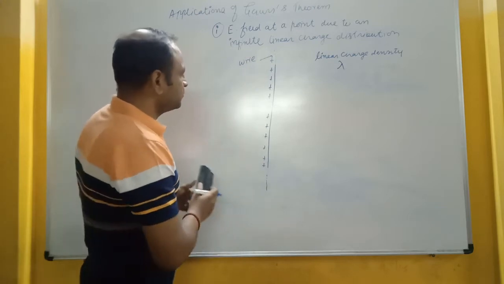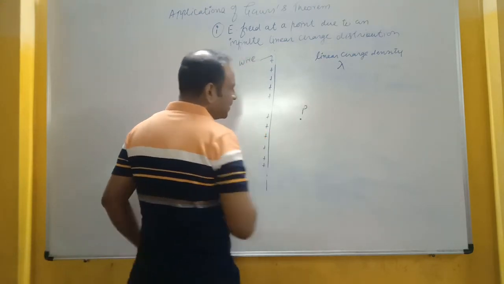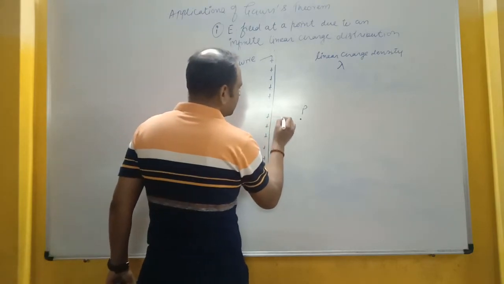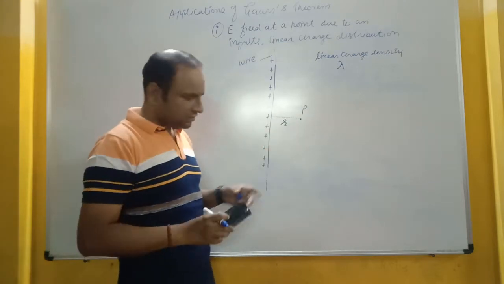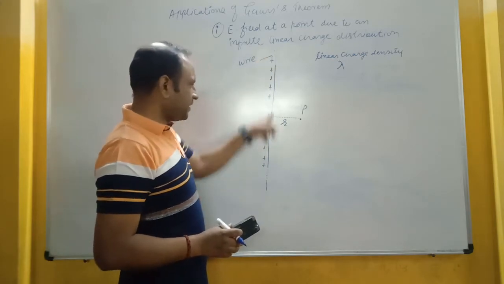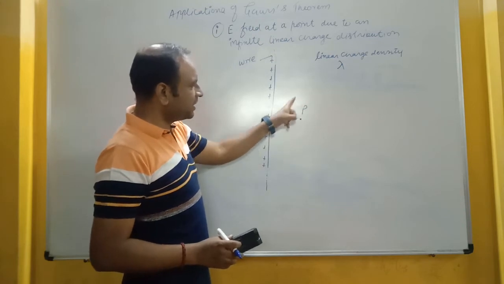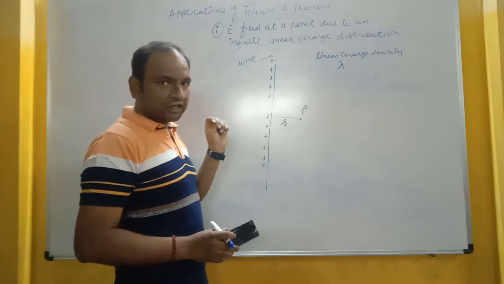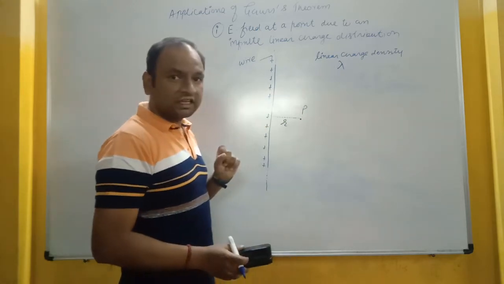Suppose I consider my observation point P somewhere here at a distance r from the wire. This r is the perpendicular distance of this observation point P from this wire. So my first application is to find the electric field intensity at this point P because of this infinitely long wire. Let's now see how to proceed, where this lambda is the linear charge density.